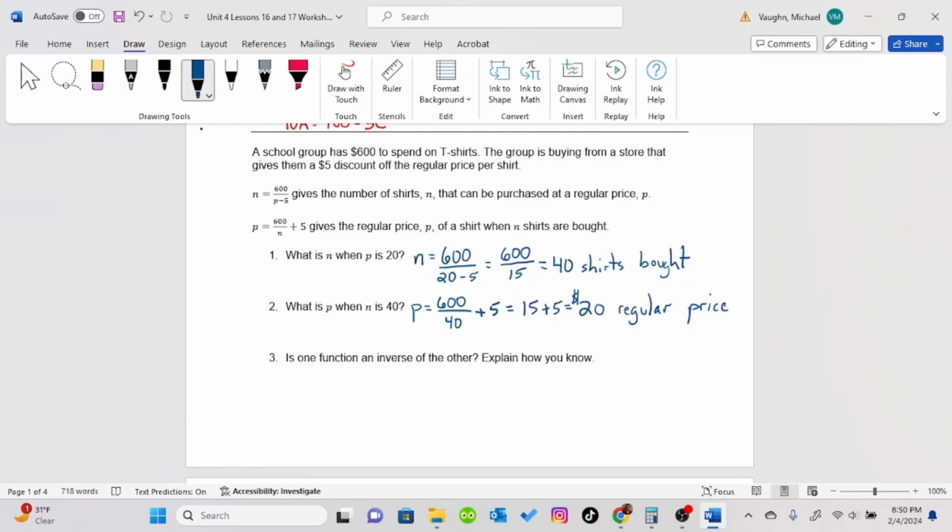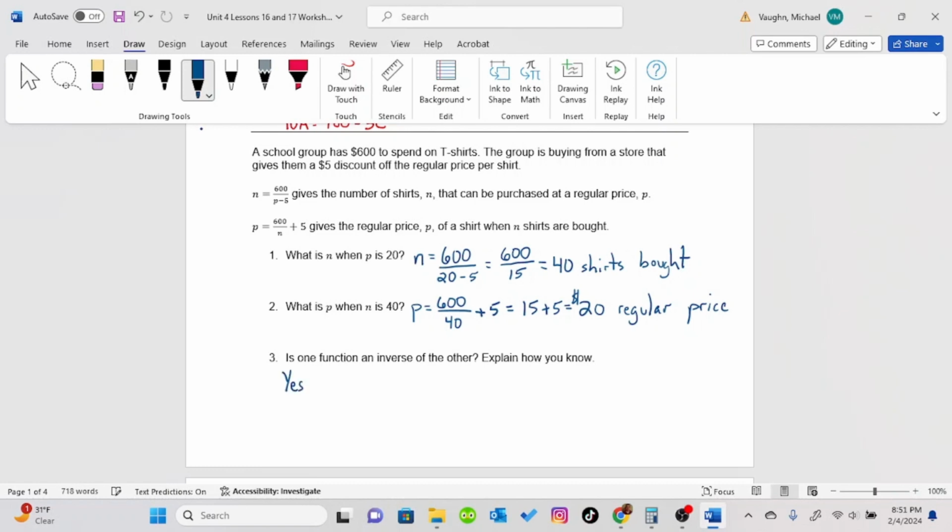And if we look in number 1, our input was 20 for P, and our output was 40 for N. And in number 2, that 40 for N was our input, and 20 for P was our output.